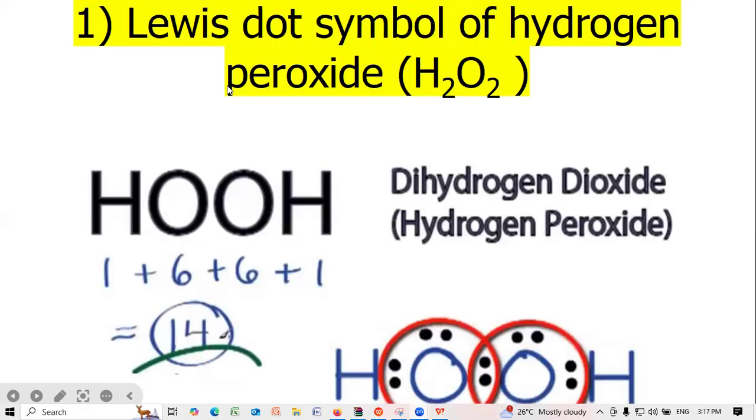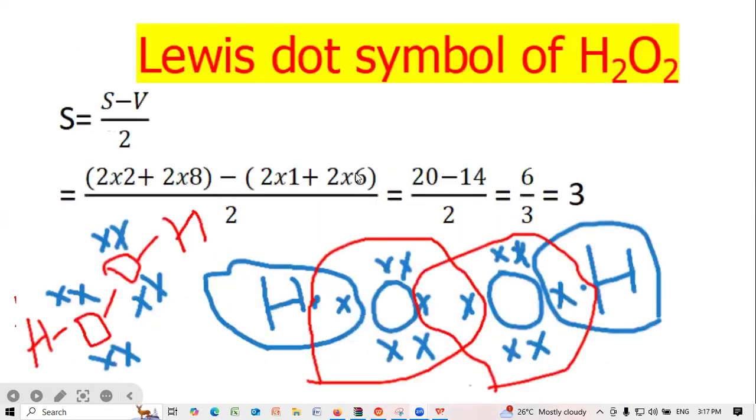See, this is the Lewis dot symbol of hydrogen peroxide. To draw the Lewis dot symbol of hydrogen peroxide, first of all, we calculate the number of covalent bonds.